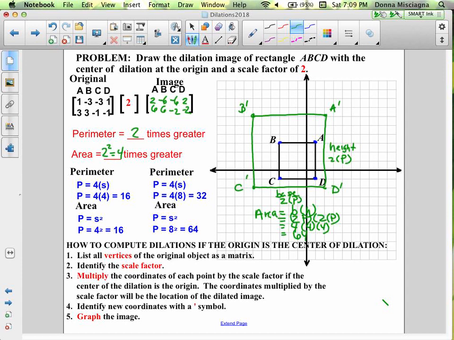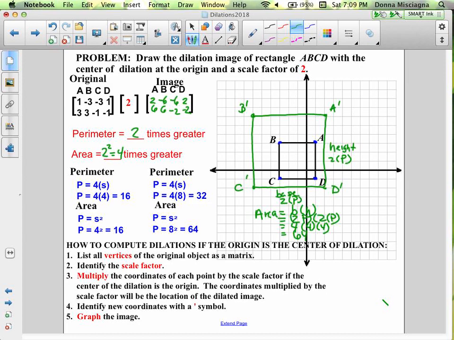And then in this example, we multiplied the coordinates of each point by the scale factor if the center of dilation is the origin. The coordinates multiplied by the scale factor will be the location of the dilated image, right? So that's what we got when we multiplied by the scale factor. We identified all the coordinates with a prime symbol, and we graphed the image, right?